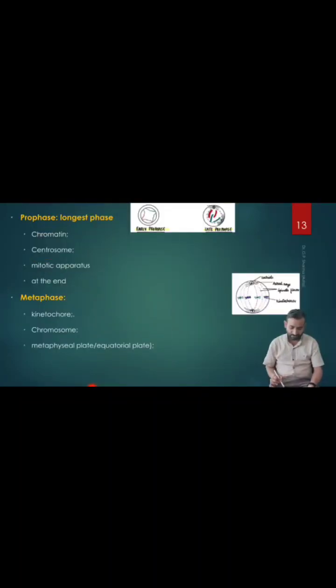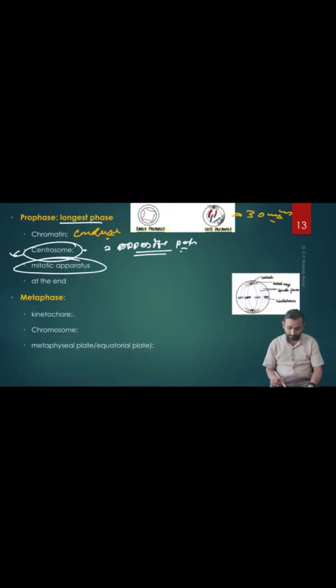So let's see prophase. Prophase is the longest phase, and it takes about 30 minutes to complete. The chromatin begins to condense, and the centrosome splits into two and moves to two opposite poles. This is the mitotic apparatus.